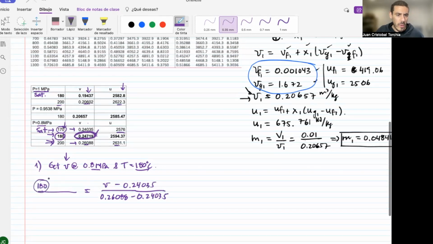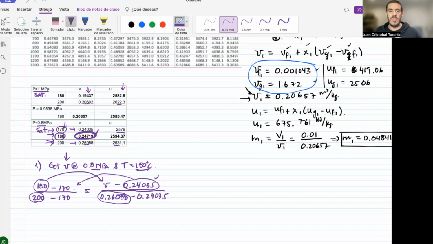So this one corresponds to this value here. This one should have its temperature here minus 170, because this is a specific volume for that 170 degrees Celsius. And I'm going to put here the 200 minus 170. So this one corresponds to this one for the specific volume. It should be the same.